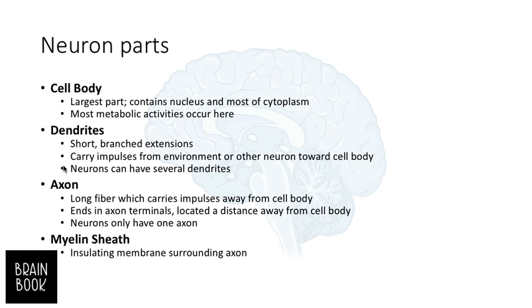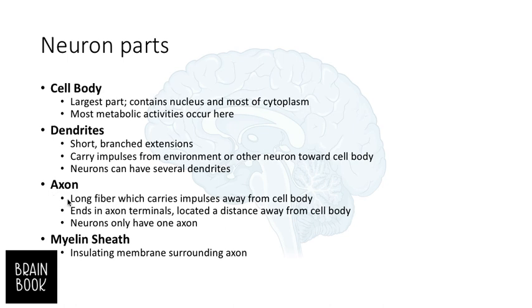And it should be noticed that neurons can have several dendrites, as we saw in the illustration. But for the axon, we just have one axon in the neuron.